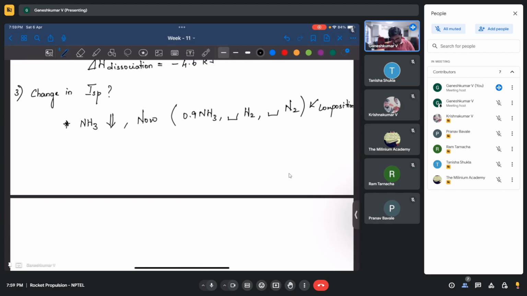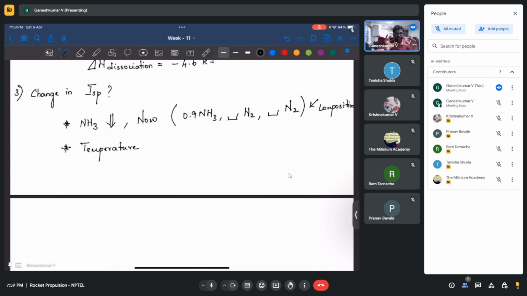Number two is the temperature will get affected because you have dissociated. You have lost some heat, and how do we get that heat? When the ammonia has been heated to a very high temperature, it has a certain enthalpy, and if some ammonia is going out, then where do we get that heat? We get that heat from the gas mixture itself.